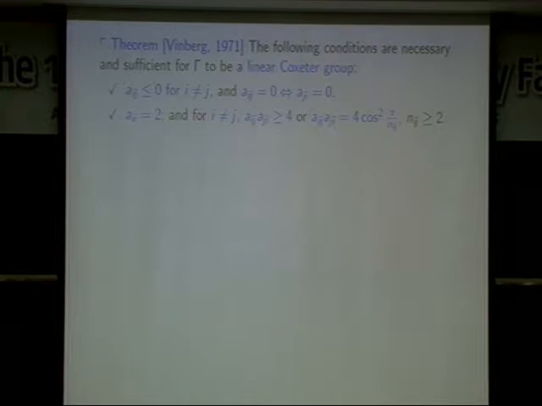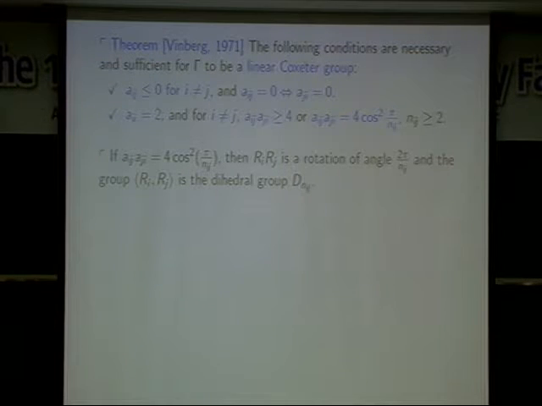If you multiply, then cosine square pi over n_ij, just 4 times. So the Gram matrix times 2 gives a Cartan matrix, a special case.